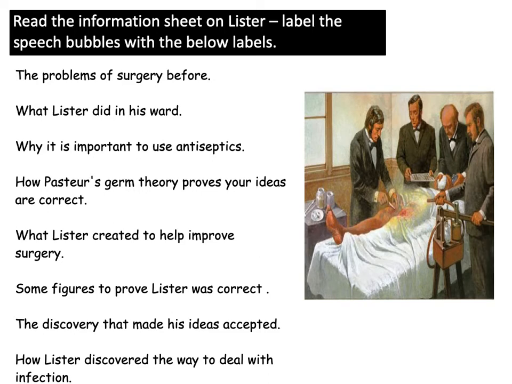So in 1865, he operated on a patient with a broken leg, and he added a bandage that was soaked in carbolic acid. Now, this experiment worked. The wound didn't get infected, it healed cleanly, and from this, Lister was able to realise, antiseptic surgery is the way forward.